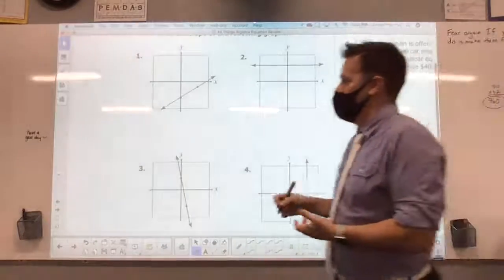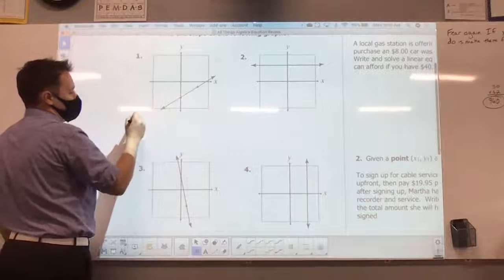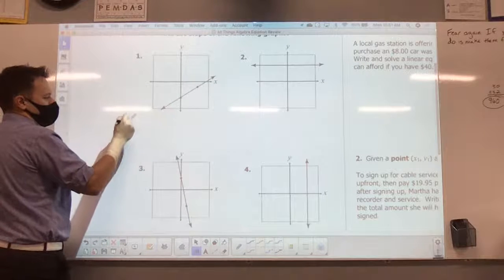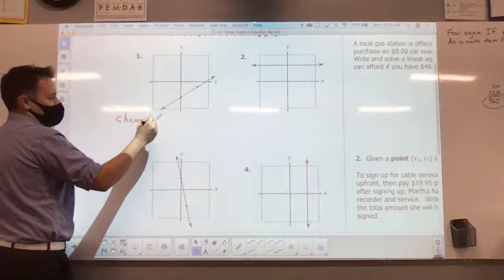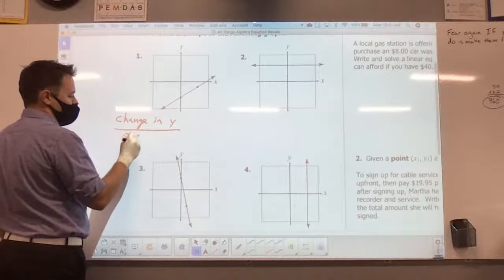When you guys flip it over, number 1. Slopes. Start simple. You should know that this number 1 here, the slope, please make sure you know it's the change in y over your change in what?